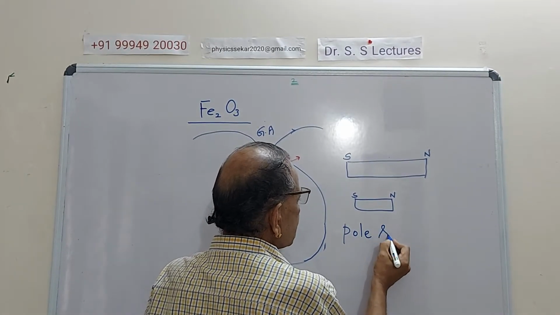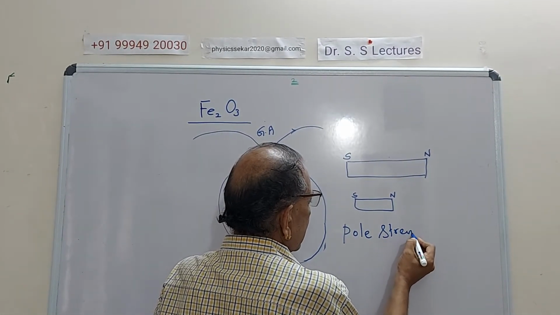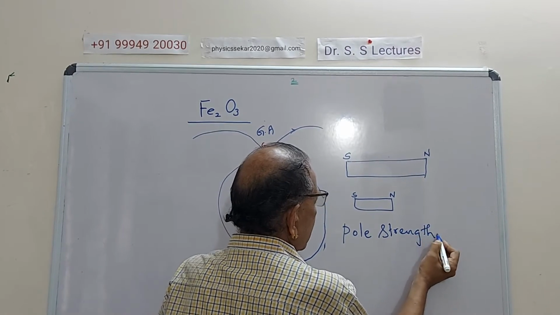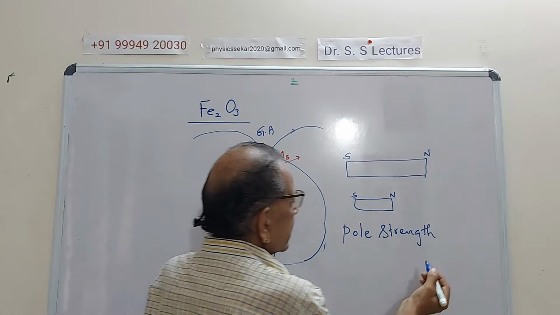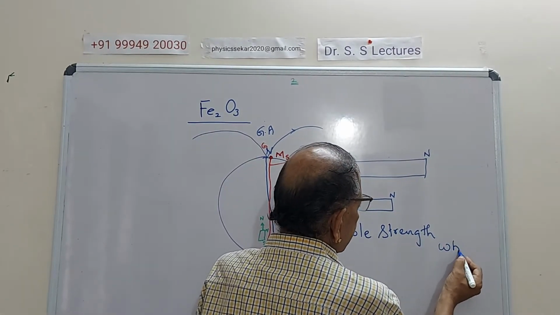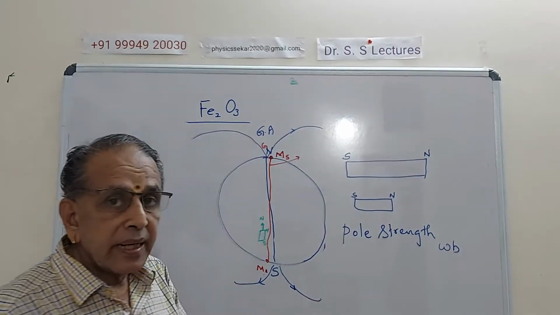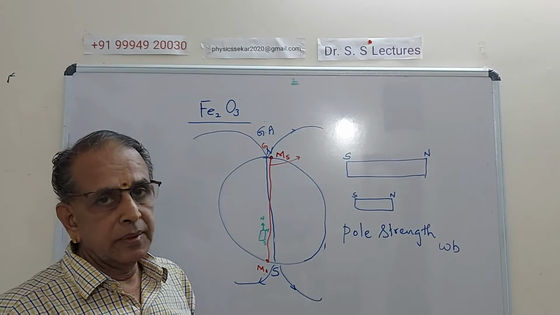So, pole strength, we say, is defined by the unit called Weber. Now, in natural magnet I am talking about.